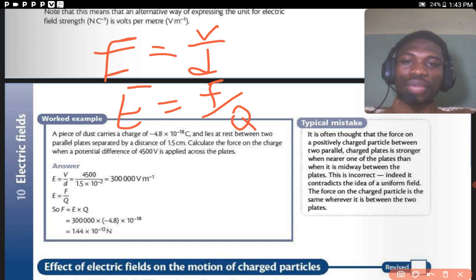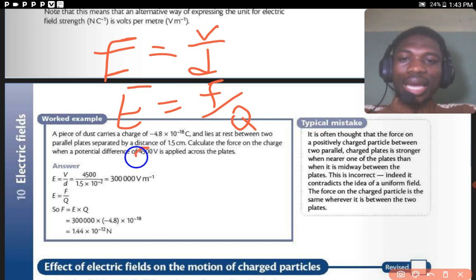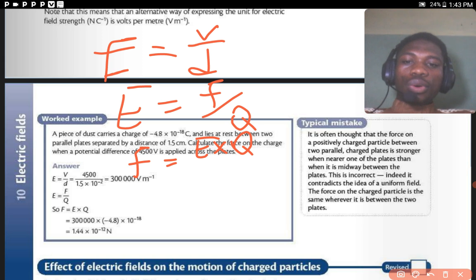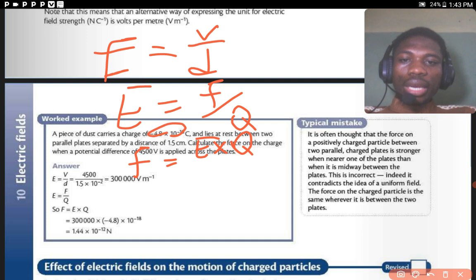It means that F is equal to E times Q. The charge is given, the potential difference V is also given, and the distance is given.